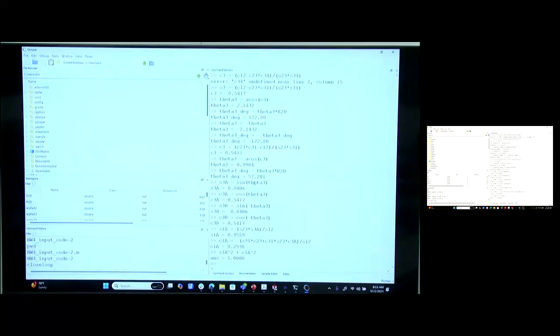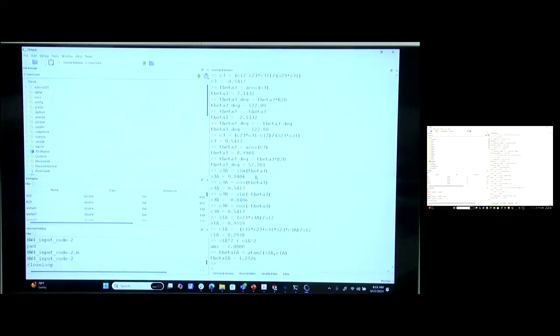Okay, so now theta 1, and this is the A case, is A tan 2 of S1A, C1A. Theta 1A degrees is equal to theta 1A times rad to degrees.